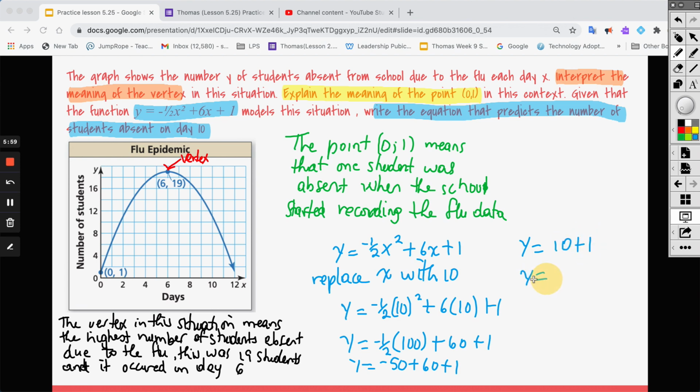So y is equal to 11. That means on day 10, 11 students were absent.